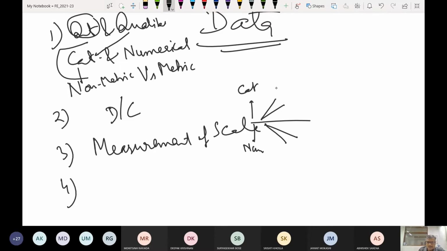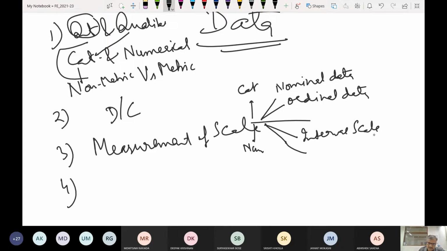In categorical, we have nominal data. Have you heard the term before? Nominal data and ordinal. Most of you would have heard the term before. And then we have the interval scale and the ratio scale. May I assume that you understand this?